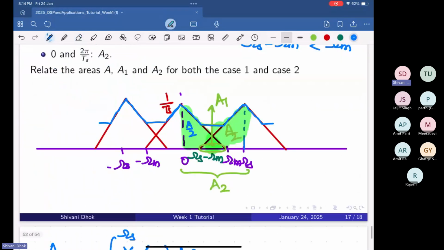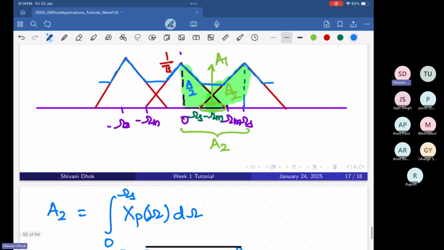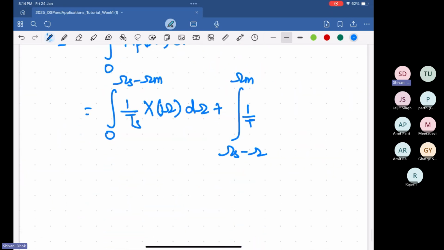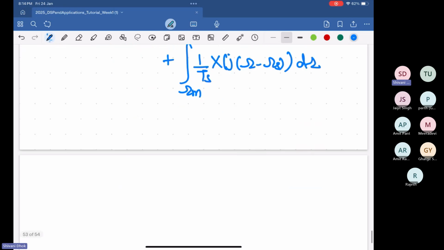Yeah, so we can write it from omega s minus omega m to omega m. So here it is the overlap of two things. So that is 1 over Ts, X of j omega plus X of j omega minus omega s, and plus from omega m to omega s, it is again 1 over Ts X of j of omega minus omega s d omega.